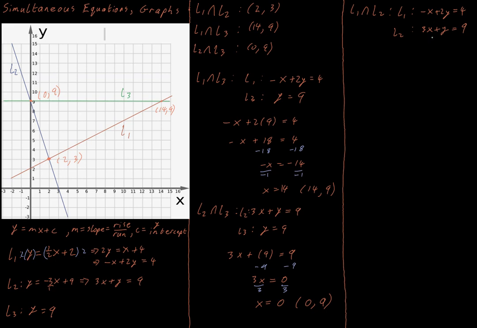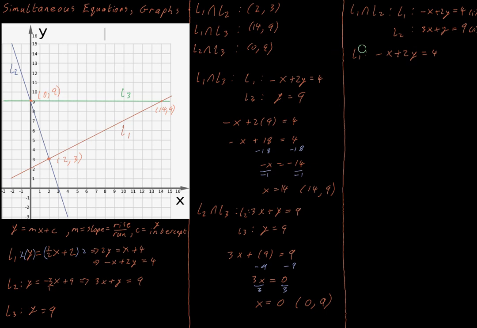Now, we know that we want to get the same number with a different sign in front of one of our letters, and the easiest that I can see at the moment is that I can multiply L2 by minus 2. I could also multiply L1 by 3. Either will work. But I'm going to leave L1 the same. And just for consistency, I'm going to call that equation 1, and I'm going to call that equation 2.